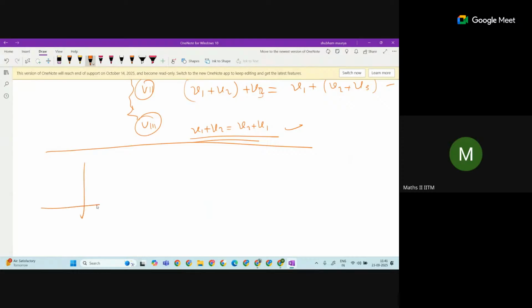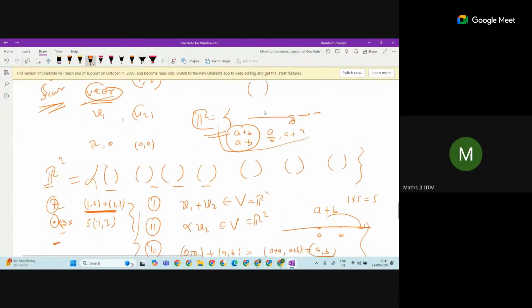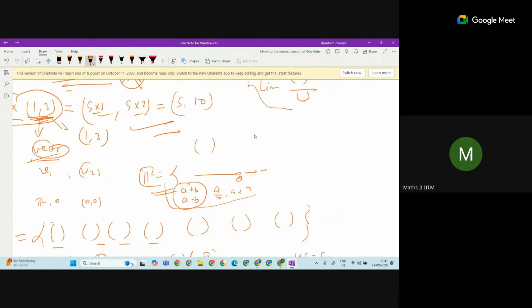Our representation: let's say this is R and this is R, so here it's R cross R. I am writing the vector like this, or I can write a vertical matrix.